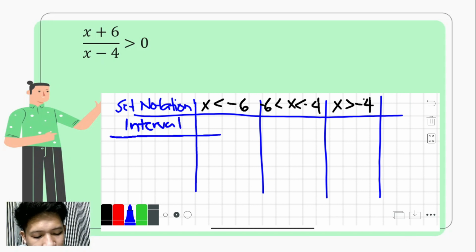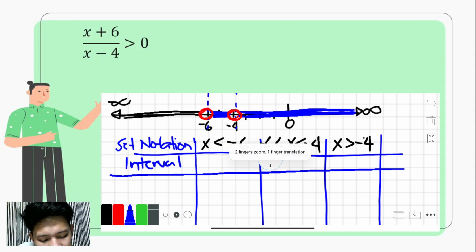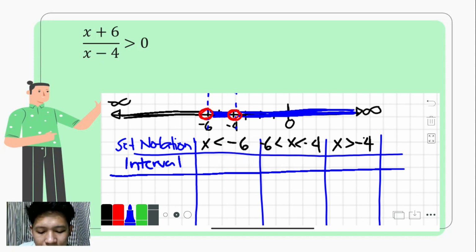So, yung interval natin, i-represent lang natin itong ating set notation into interval just like what has been discussed on the module. So, ibig sabihin, kung itong x is less than negative 6, i-represent natin siya sa ating interval. Remember na kapag less than or greater than, ang ginagamit lang natin ay parentheses.